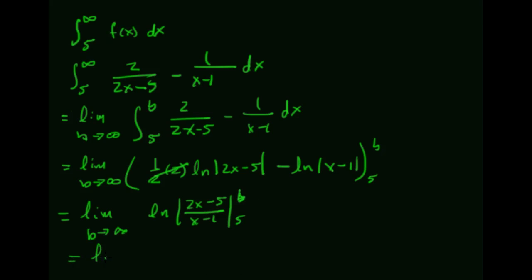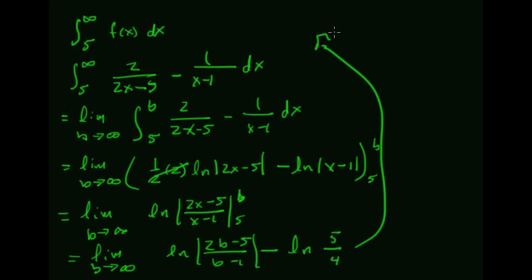So now I have the limit as b approaches infinity of the natural log of 2b minus 5 over b minus 1, minus the natural log of, let's see, 5 over 4. And if you take that limit, this goes to 2, right? So up here, you get the natural log of 2 minus the natural log of 5/4.